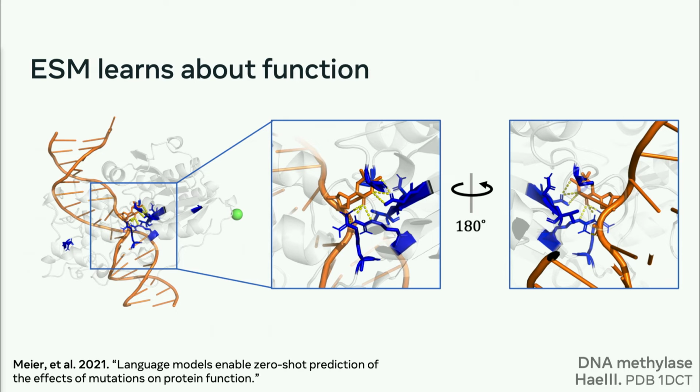If you look at the probabilities that the model assigns to the amino acids at each position in the sequence, and you just look at the lowest entropy positions, the ones where the model is most sure about what amino acids should be there, you see that those really cluster around the functional site. And so the model has really learned where the degrees of freedom in this protein are, and it has learned the underlying constraints on the function.